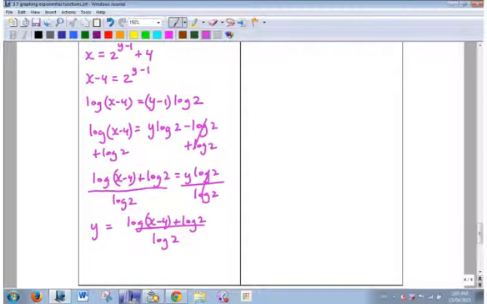The only problem is your answer won't look like that. You know what they're going to do? How could I make that prettier? No, you cannot cancel those because there's a plus sign here. You have to cancel it everywhere, right? But I could take log base 2 of everything. So this is the same as this. Log base 2 of x minus 4 plus, what's log base 2 of 2?